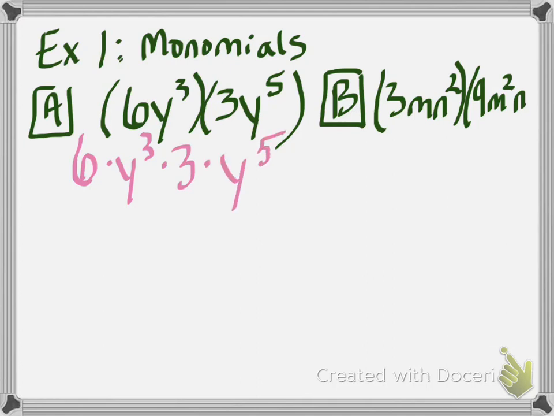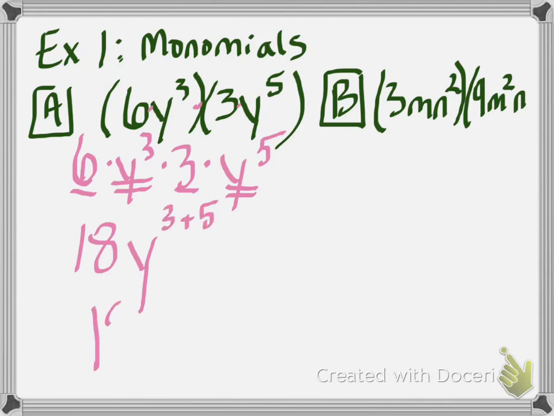Okay, all I did was put in the multiplicative dot between each piece of the monomials. 6 and 3 are like terms and they combine to 18. Y cubed and y to the 5th. Remember, when we multiply with the same base, we add the exponents. So the end answer would be 18y to the 8th.